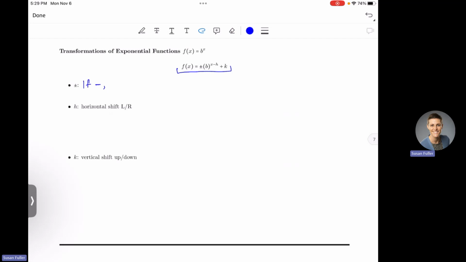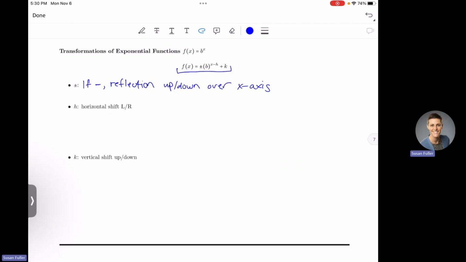If we recall what we learned previously from transforming graphs, if you multiply by a negative on the outside of our function, we're going to get a reflection. And because it's on the outside, it's going to be a vertical reflection, right? We're going to reflect this up or down over the x-axis. This is going to stay consistent with our previous programming from transformations of graphs.